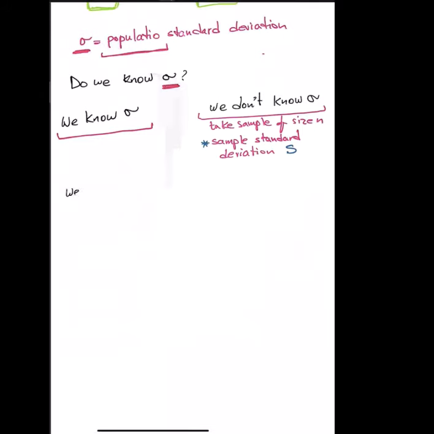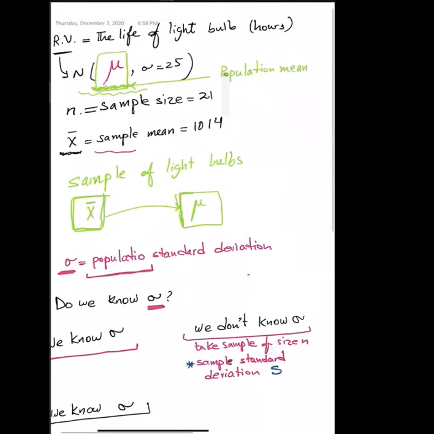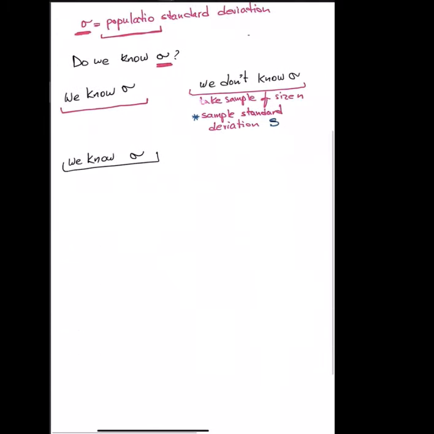So we know sigma, so that's scenario one. If I know sigma, the formula for constructing a confidence interval for this unknown, remember this is my unknown, this is what I'm looking for, the average of the characteristic of interest in the population, is: the confidence interval for mu is x bar minus z of alpha over 2 sigma over square root of n, to x bar plus z of alpha over 2 sigma over square root of n.